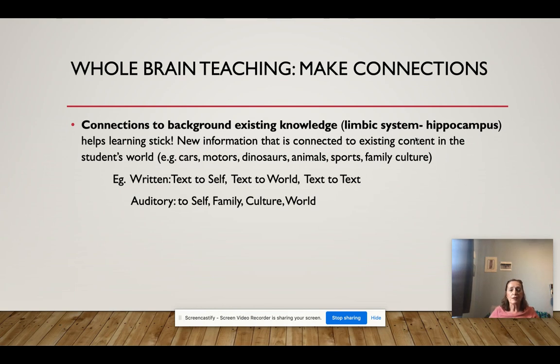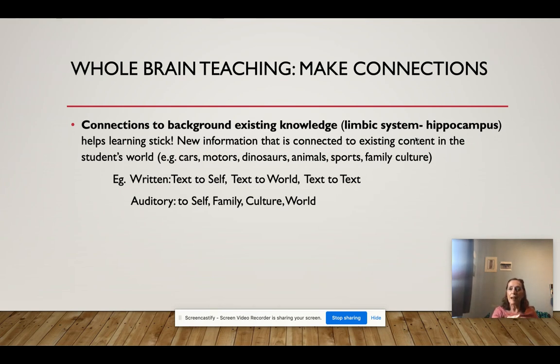Now, it could be dinosaurs that you're comparing things to, or animals, or sports, something in a family's culture. And, just as I shared with you about a book I read before when we were talking about instruction, right? I was comparing to a text I read.